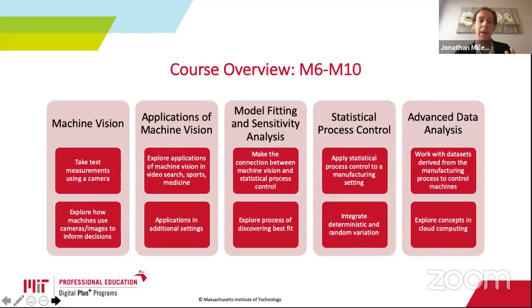Model fitting and sensitivity analysis is another key component of this course. This is about taking the knowledge we had from the prior modules on machine vision and bringing that in with statistical process control. Statistical process control is something you may have some familiarity with from older, more traditional forms of manufacturing, like sampling rates, et cetera.